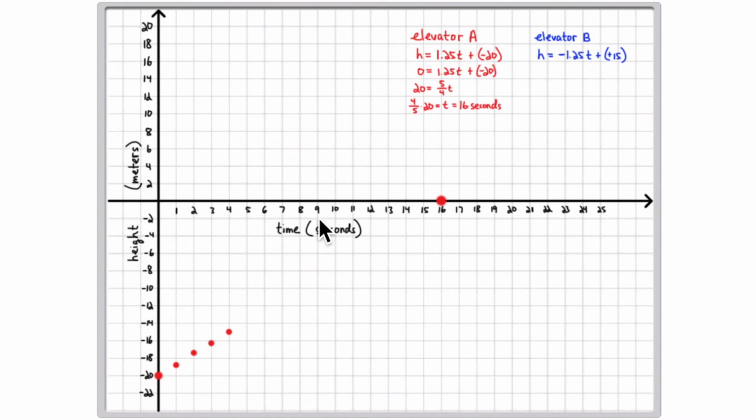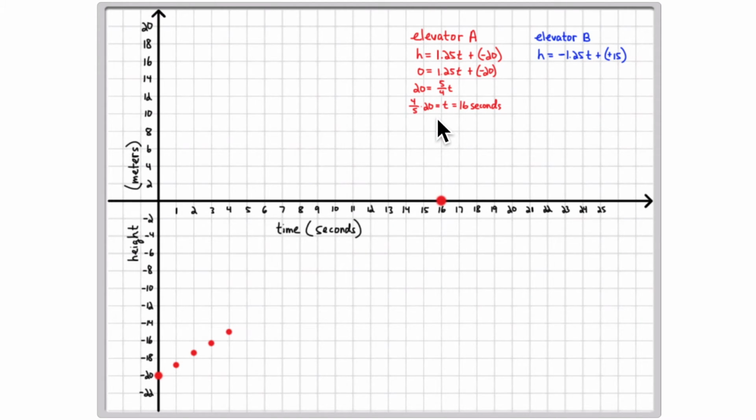So this is the height of 0 meters right here. What time is it when that height is 0 meters? So it's going from negative 20 up to 0. Well, if you replace height with 0 and you calculate what time is, you're going to end up with time equal to 16 seconds. So time is equal to 4/5 of 20.